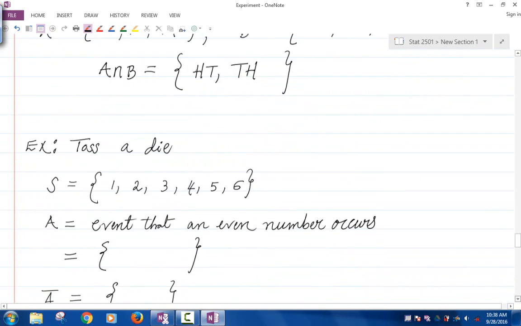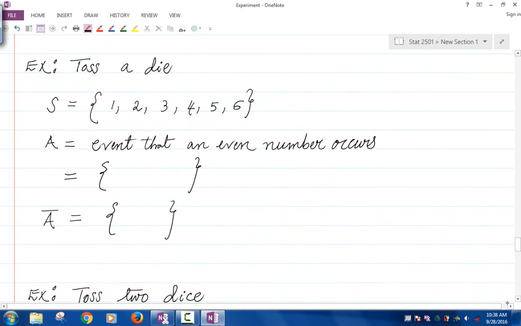Okay, toss a die. The sample space would be 1 up to 6. A is the event that an even number occurs. So what is A? If A is the event that an even number occurs, then A is given by 2, 4, and 6.